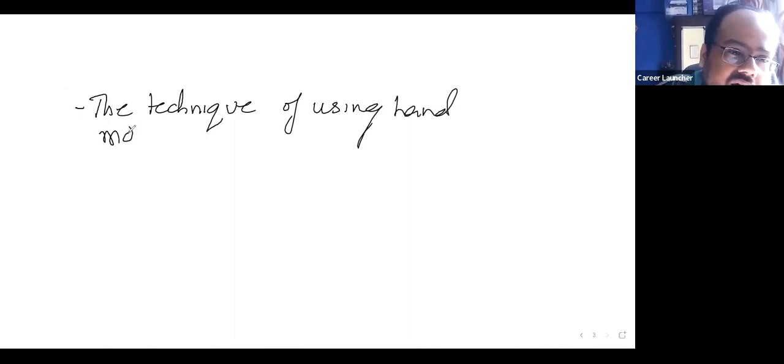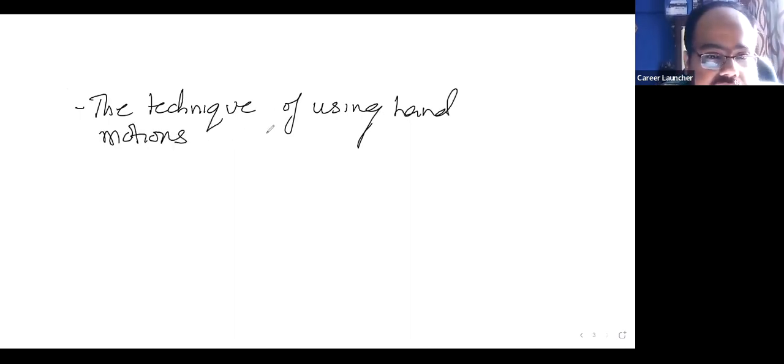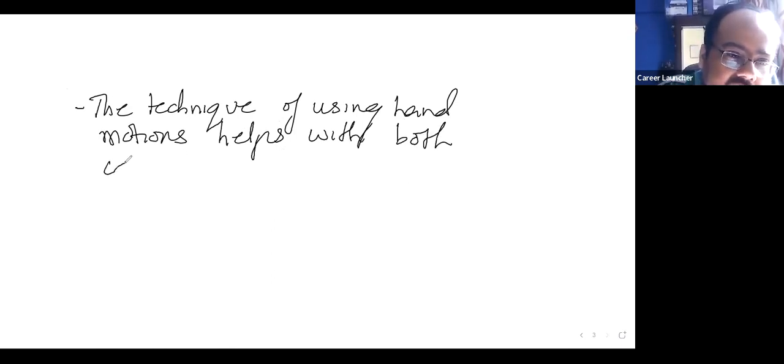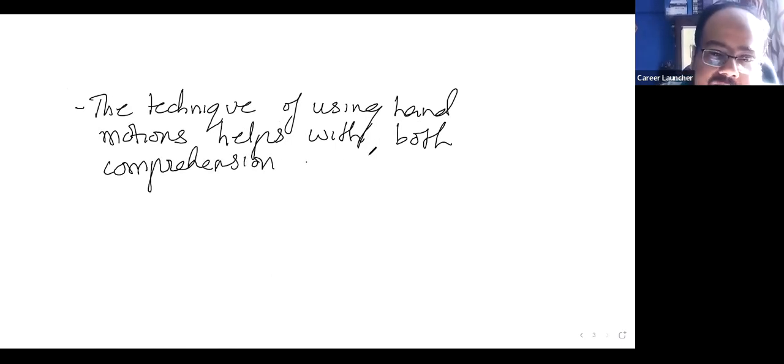The technique of using hand motions helps with both comprehension and speed, right?